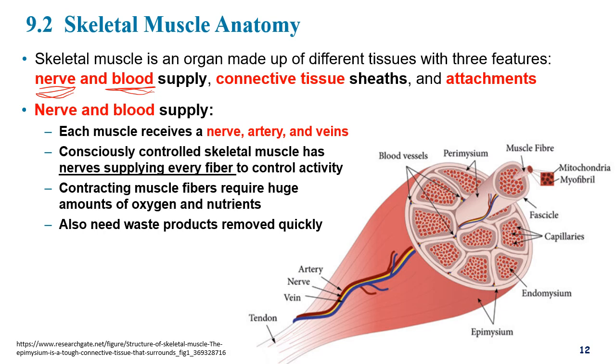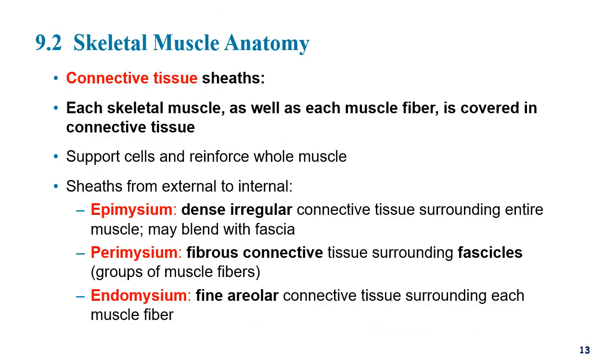All right, so here is just a write-out of what you need to know about those sheets of connective tissue that are enveloping the muscle. Remember the order. You have the epimysium most on the outside, then the perimysium in the middle, and the endomysium surrounding each nerve fiber.